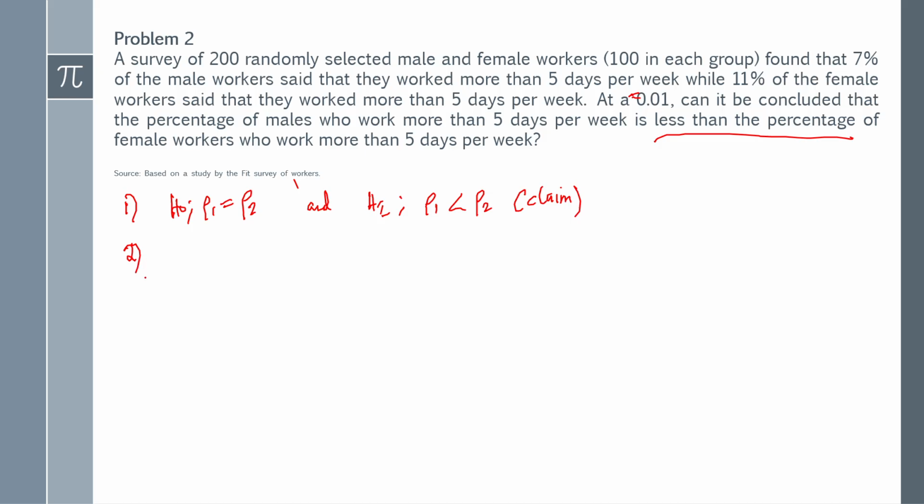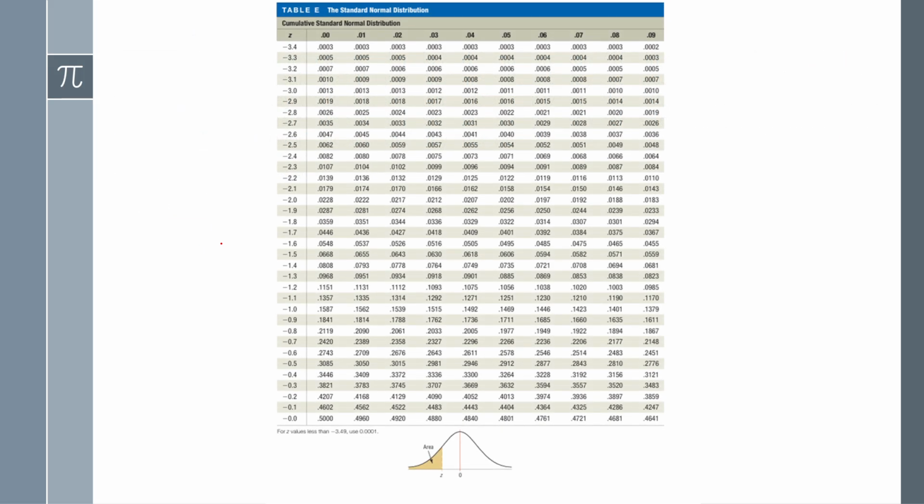To find the critical value, alpha is equal to 0.01. So we have to locate here. Okay, 0.01. Okay, let's go back here. Let's find here 0.01.